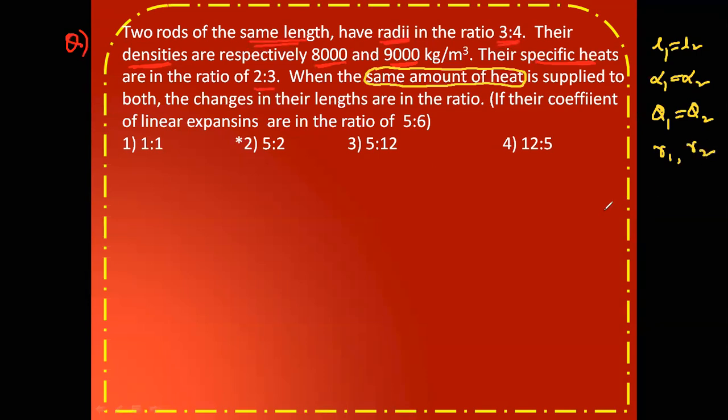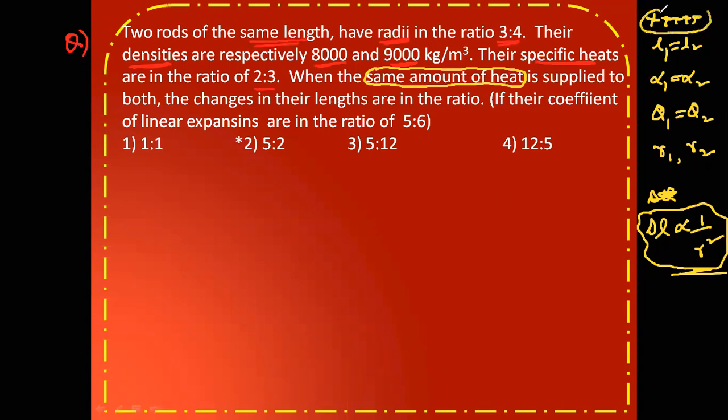of the solids are R1 and R2, in this case, if they ask you to find the relation between the rising temperature and the linear expansion, delta L is directly proportional to 1 by R square. This is the direct relation when these conditions are satisfied.